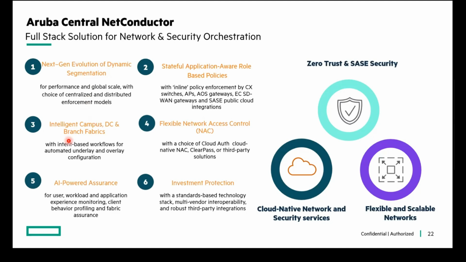The Net Conductor integrates with Aruba gateways, Aruba user-based tunneling, wireless LAN, and SD-WAN. So it covers the branch to the campus model for WAN, wireless LAN and wired solutions with these integration capabilities. And it also provides tight integration with the user roles to provide micro and macro segmentation.